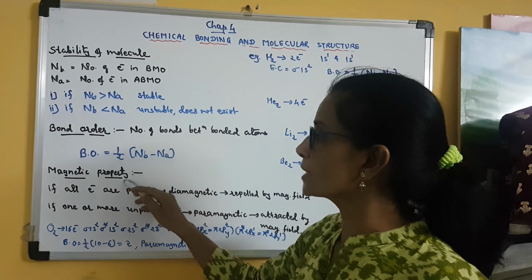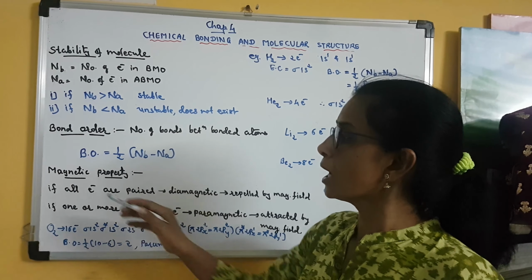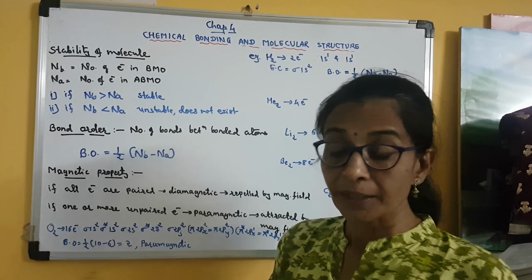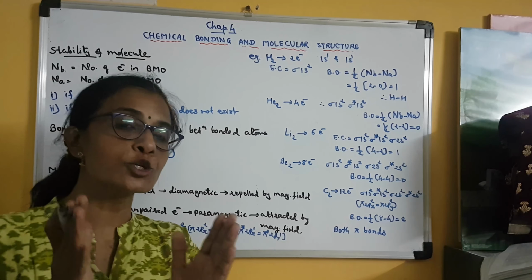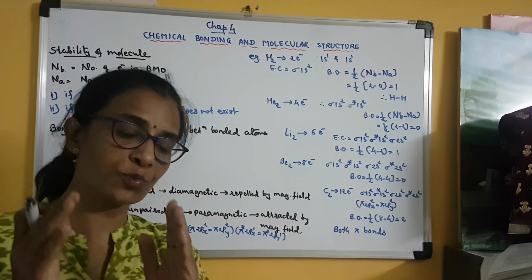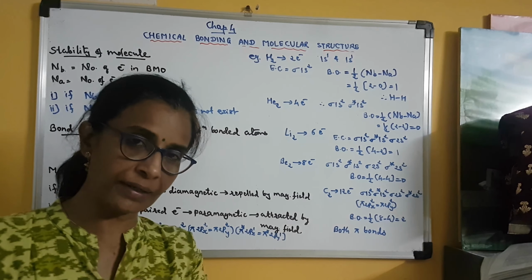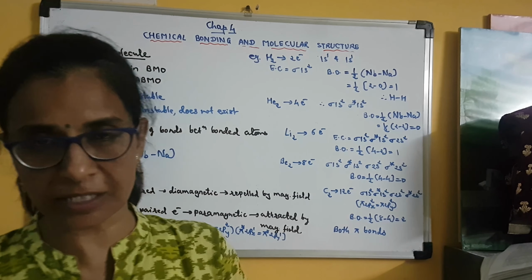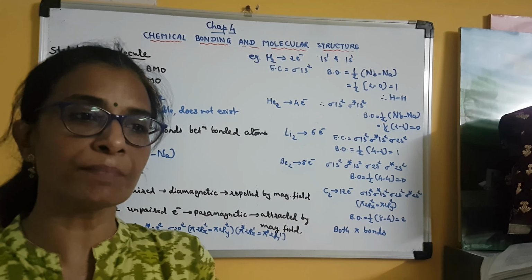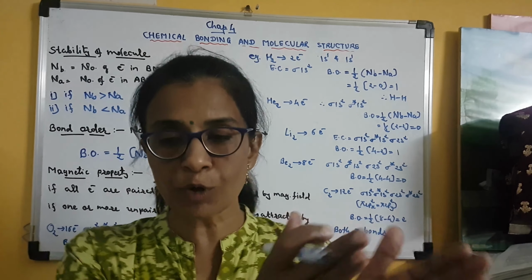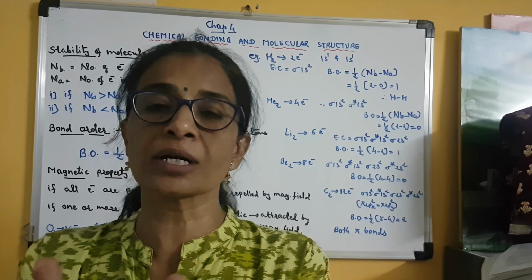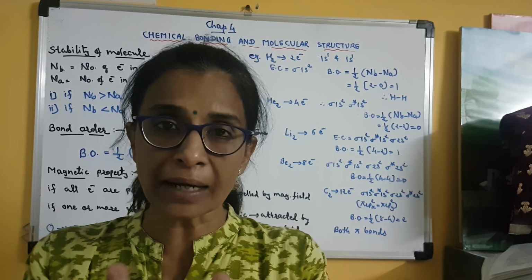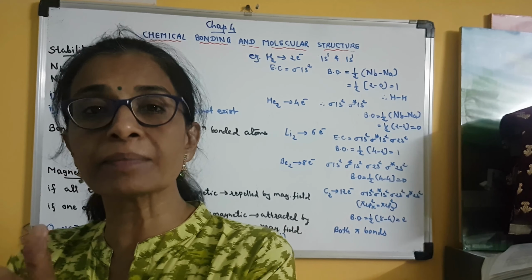Clear? Then the next important thing is magnetic property. Now how to decide magnetic property? There are mainly two types of magnetic properties. One is paramagnetism and second is diamagnetism. Paramagnetism means when the substance is brought near a magnet, or placed in an external magnetic field, that substance is attracted by the magnet.